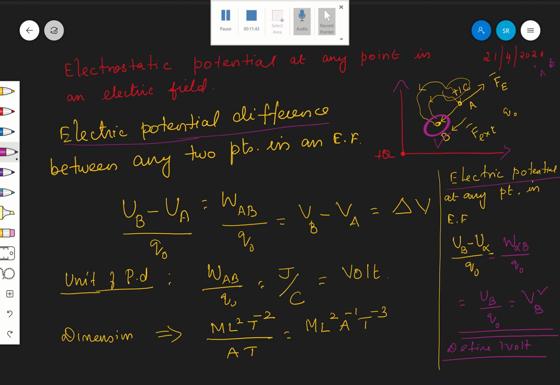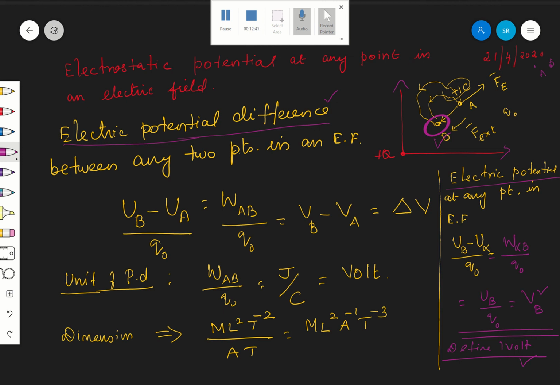In terms of potential difference: the potential difference between any 2 points in electric field is said to be 1 volt if 1 joule of work is done by the external force in moving a unit positive charge from one point to another without acceleration.